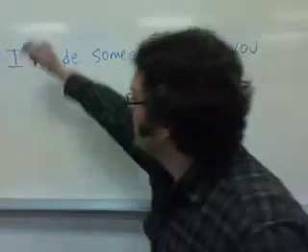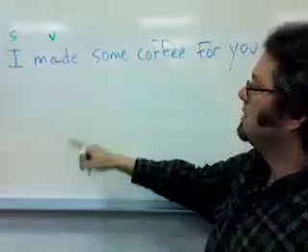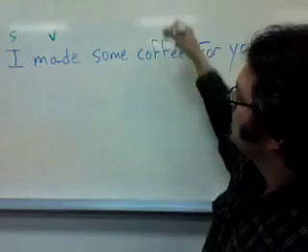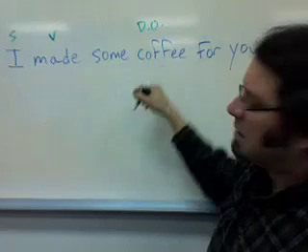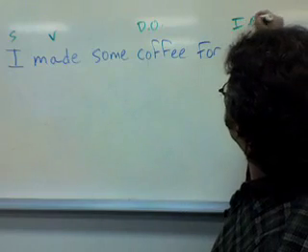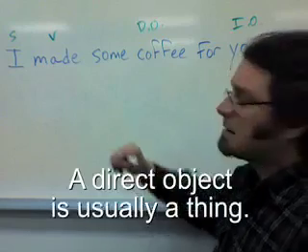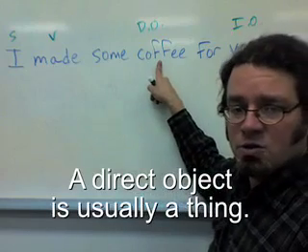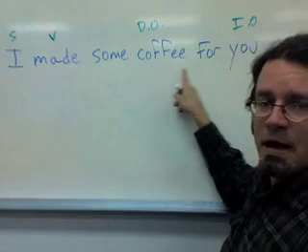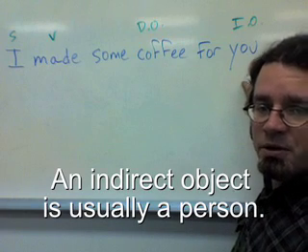The subject is I. The verb is made. Coffee is the direct object, and you is the indirect object in this sentence. A direct object is usually a thing. An indirect object is usually a person.